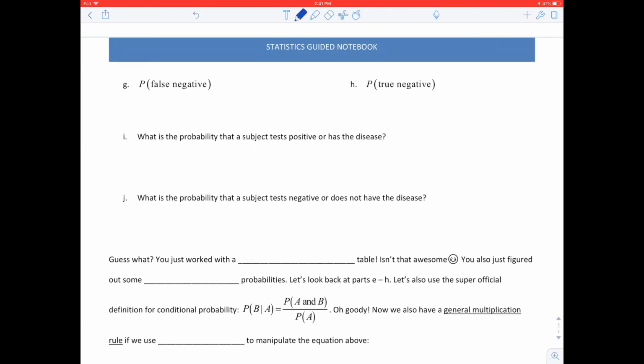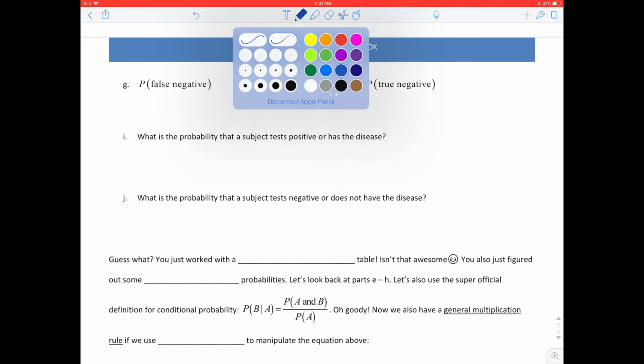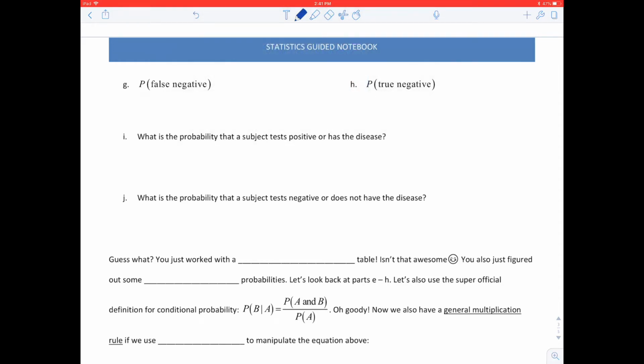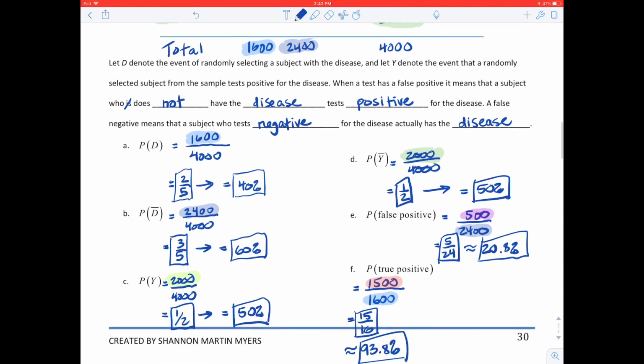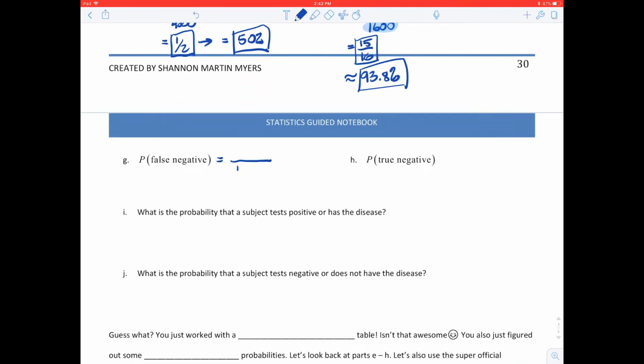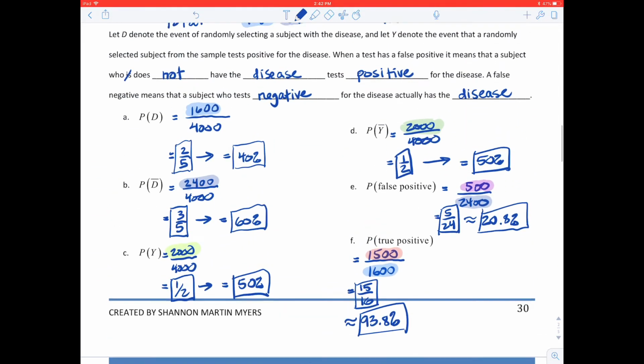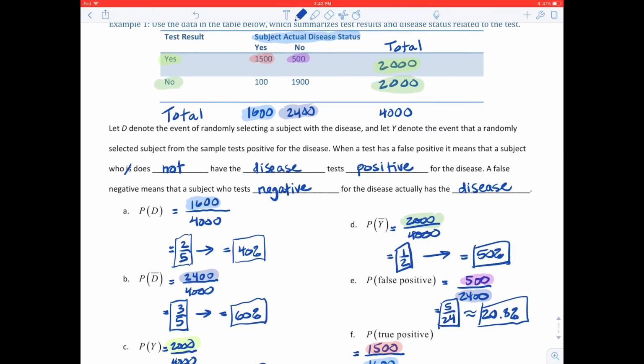The probability of a false negative. What does that mean? It means that, good, they have the disease, but they tested negative. And so how many people had the disease again? Beautiful, 1,600. Of those 1,600, how many test negative? Awesome.